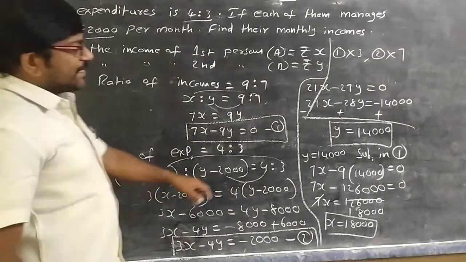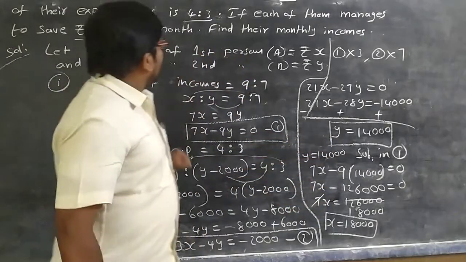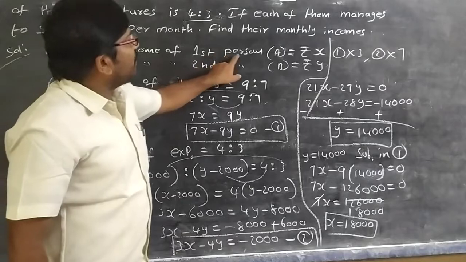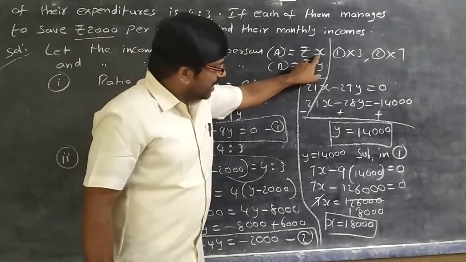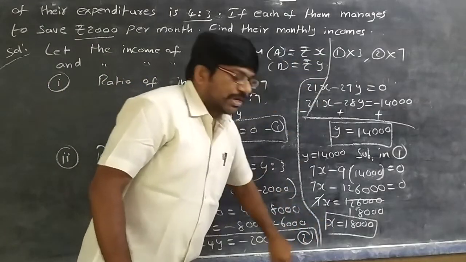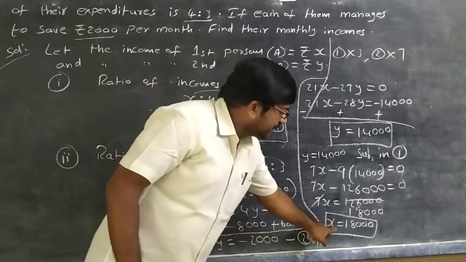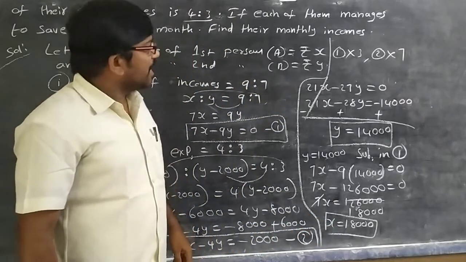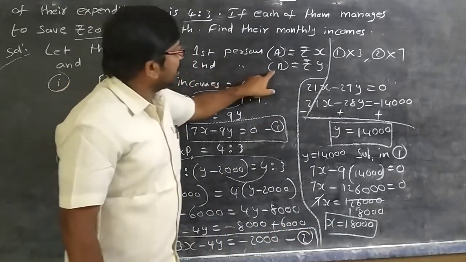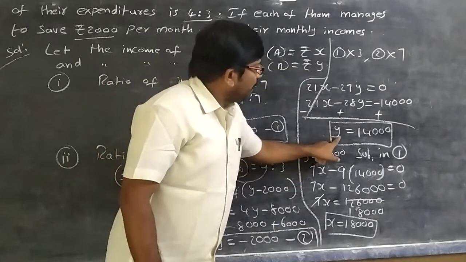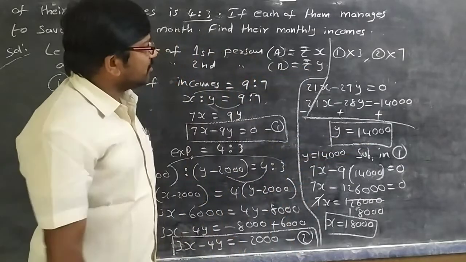So here what is x and what is y? x is income of first person. x is 18,000. Income of first person is 18,000 rupees and the income of second person is y, that is 14,000 rupees, right?